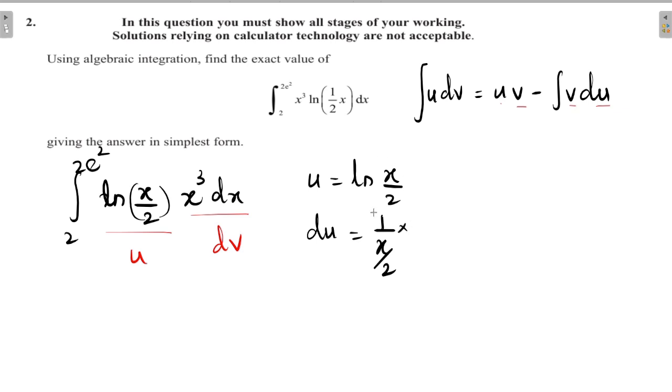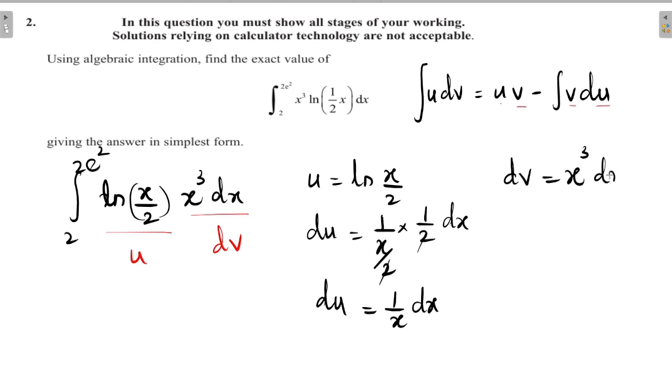Now differentiation of x by 2 is 1 by 2 into dx. So these two will be cancelled. So du is equal to 1 by x dx. Now we can take dv. dv is equal to x cube into dx. How do we find v? By integrating. So v equal to x power 4 by 4.